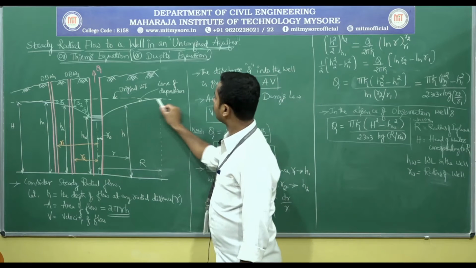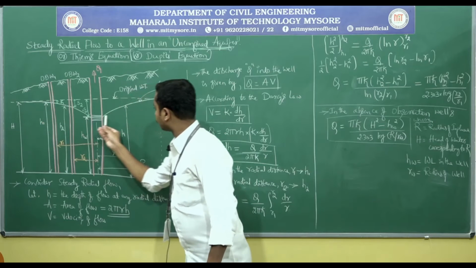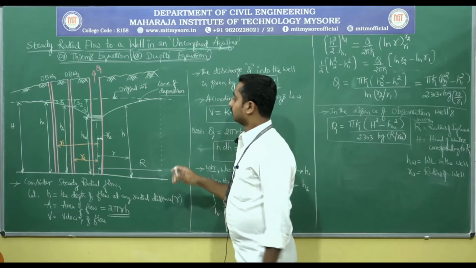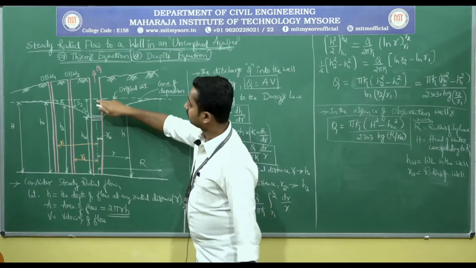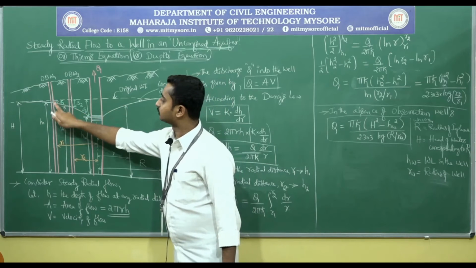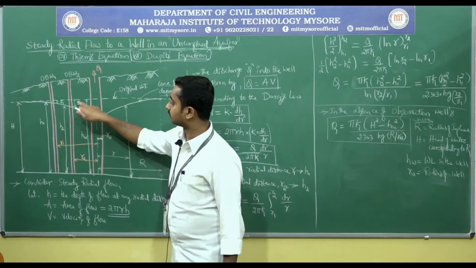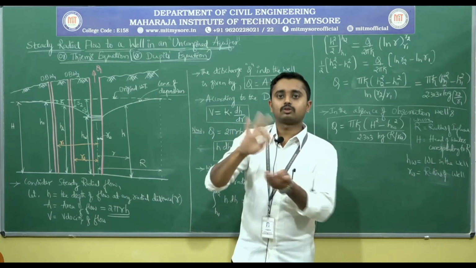This cone of depression shows the reduced water level. This is drawdown, SW, at the pumping well, and this is S1, drawdown at observation well 1, and S2, drawdown at observation well 2. Drawdown is nothing but the decreased water level.